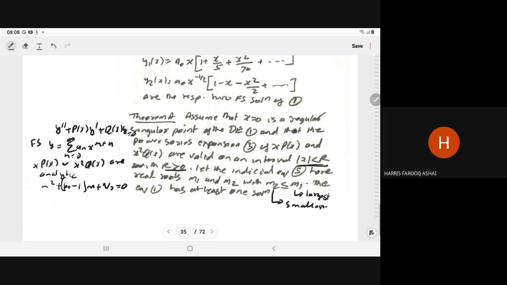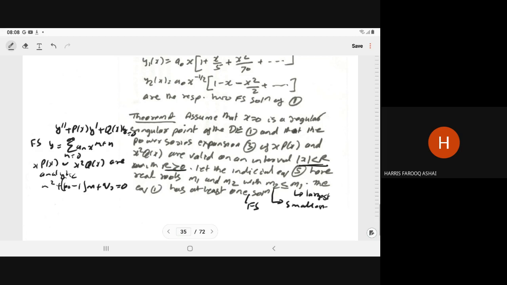At the equality, we have equal roots. Otherwise, one is smaller than the other, so here we have two distinct roots. The equation 1 has at least one Frobenius series solution when we have real roots, whether they are equal or unequal.